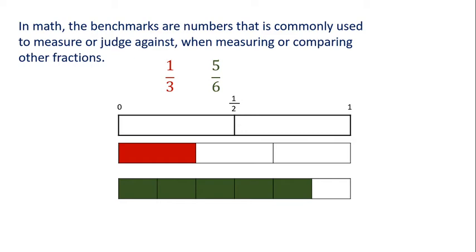I can see that 1 over 3 is less than half and closer to 0 than to 1. But 5 over 6 is greater than half and closer to 1 than to 0. So 1 over 3 is clearly smaller than 5 over 6.